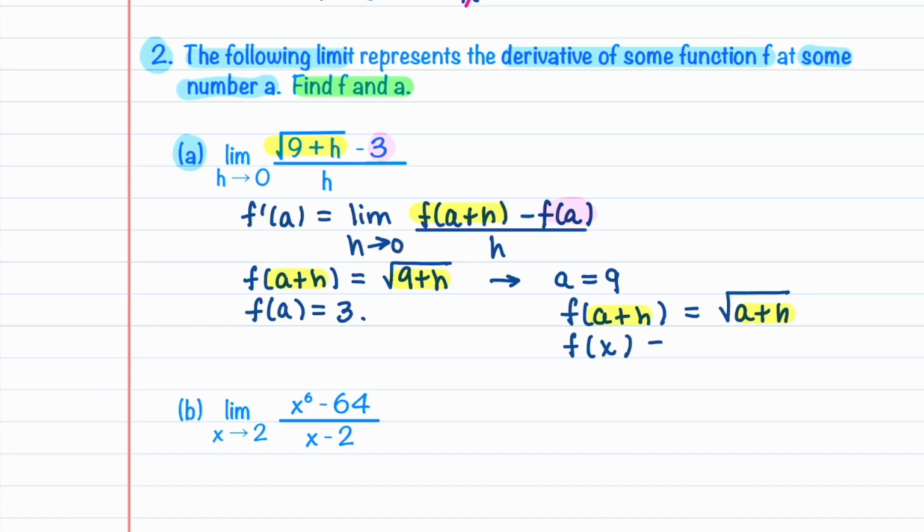So f of x is just the square root of x. Now, this problem has a really nice built-in check, and that built-in check uses the other piece of information that we haven't used yet. F of a is equal to 3. So let's go down here to our function and say that f of a is equal to f at 9, which is the square root of 9, which is 3, and that agrees. So we know we've done the problem right.